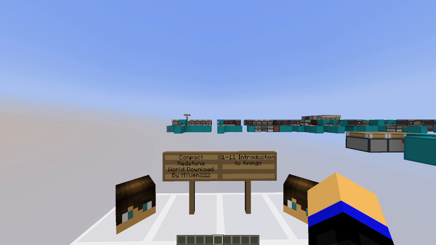I'm MU222, and today I'm going to talk about certain timing methods, including component timings, observer double pulsing timings, and also piston plus component timings. So basically how pistons would push components and produce different timings.